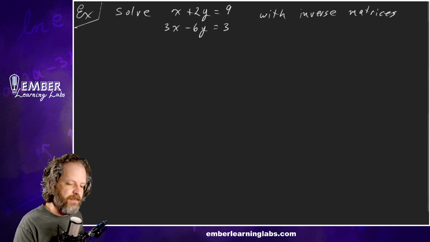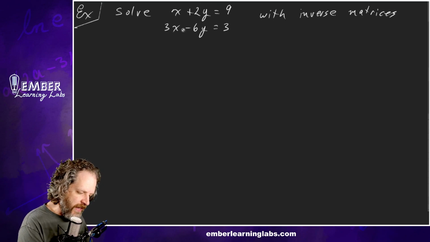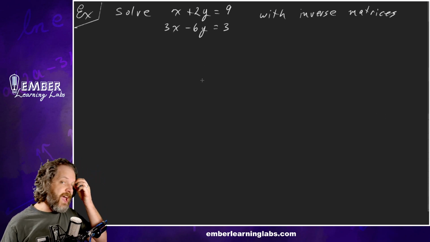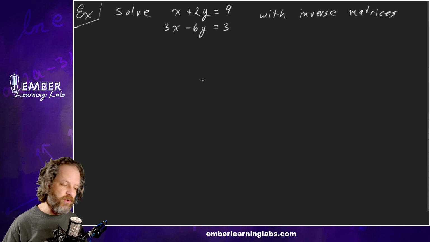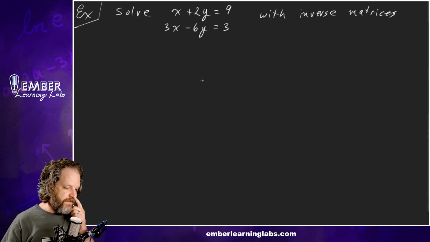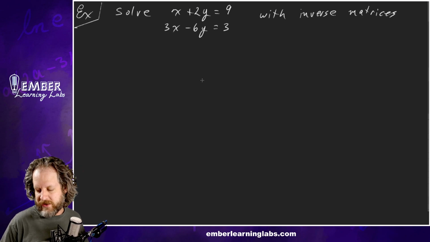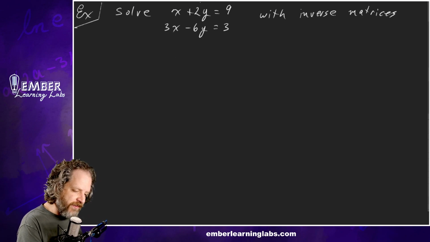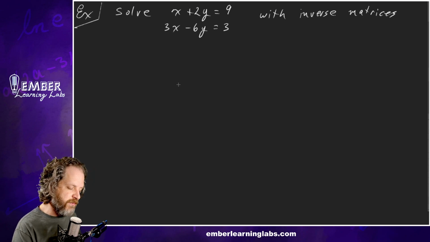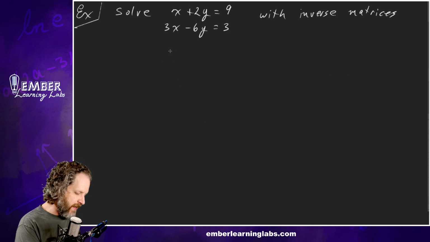You'll live. I promise. So first of all, we need to turn this system into a matrix equation. I'm going to show you what the equation will look like, and then we'll see if you can understand what's happening, and then I'll explain. We can rewrite this with matrices like this.